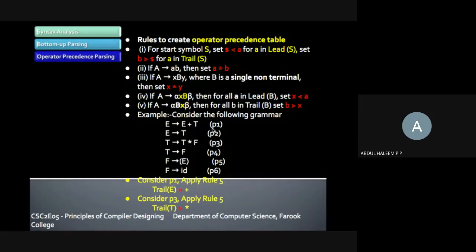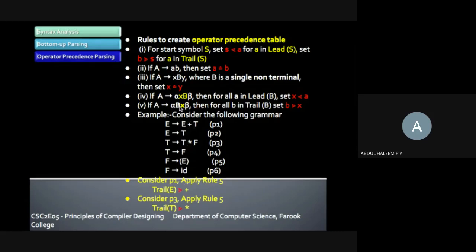So P1 is of the kind where rule number 5 can be applied. Upon P1 we apply rule number 4, and upon P1 you can also apply rule number 5. See here, T star: T is B and star is X. T star, Bx format.